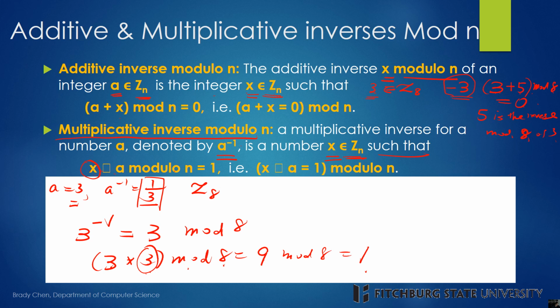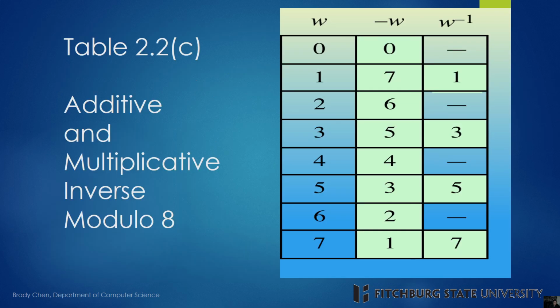So let's take a look at this table, Table 2.2c, the additive and multiplicative inverse modulo 8.